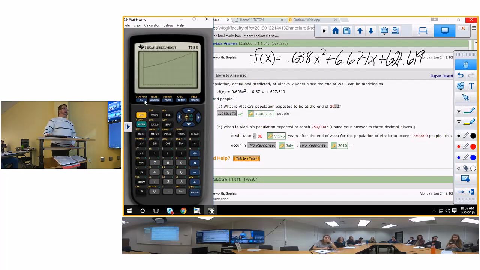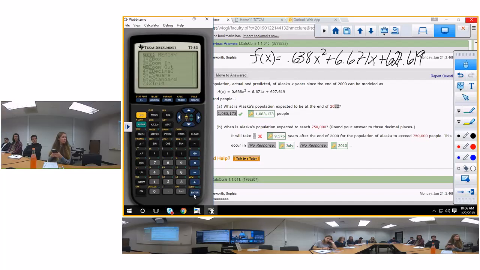And now type in y equals 750,000. Let's do 700,000. I don't think that's going to be right. Enter, graph. It should be 7,500. Yeah, 7,500. Let me redo that. Y equals 7,500. Delete. There we go. Graph. And eventually it'll show the horizontal line, which I'm going to zoom out again.